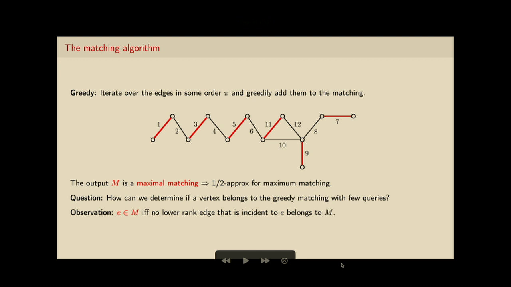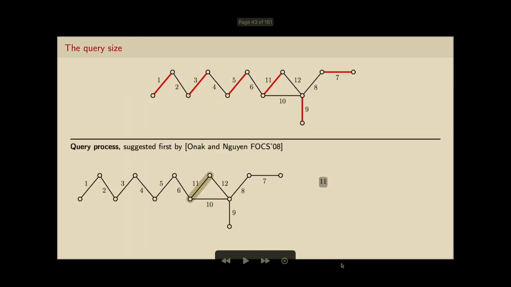Right? So this is a simple observation. And it actually immediately translates to a recursive process for determining if a vertex is matched or not. How does it work? This was first suggested by Onak and Nguyen in their nice FOCS 2008 paper. So suppose that we want to know if edge 11 is part of the matching or not. So you should first recursively query the lower rank edges incident to 11. So you have two choices.